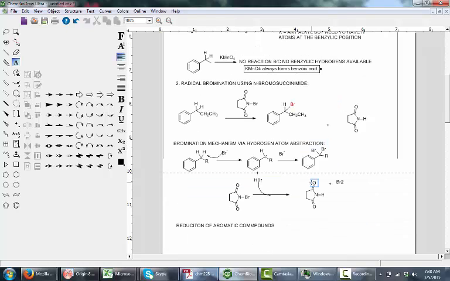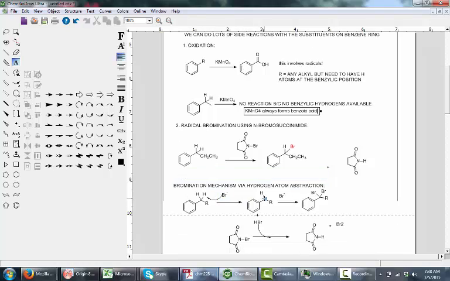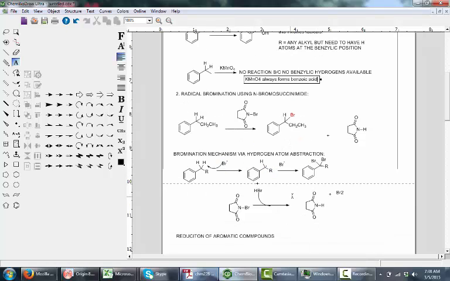The mechanism you can go through in your book, it's a radical chain reaction. I can generate a benzylic radical and then combine that with the bromine radical to form that product. Those bromine radicals are formed from Br2 breaking. I generate Br2 from N-bromosuccinimide and HBr, and Br2 then breaks up into bromine radicals.